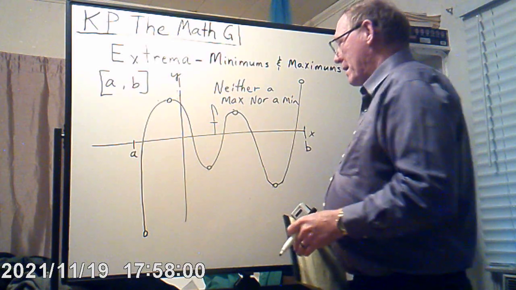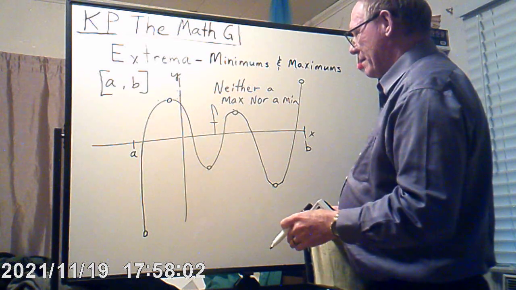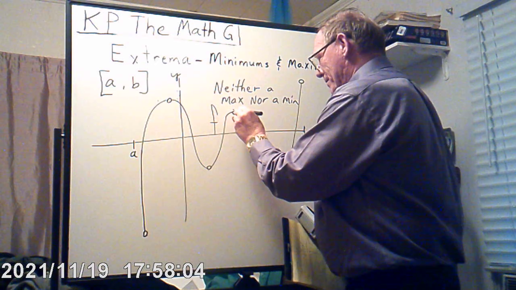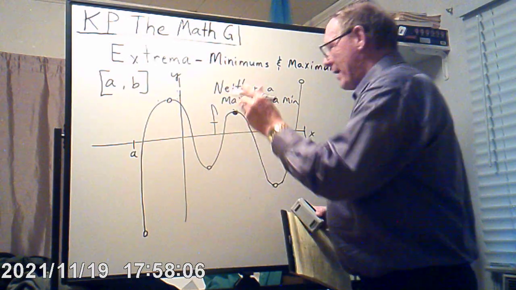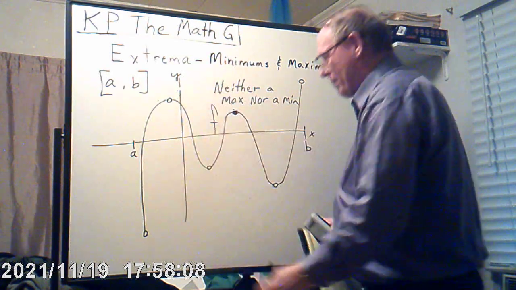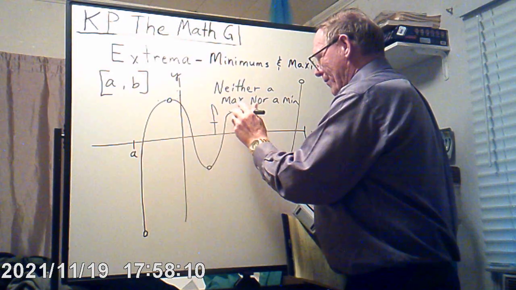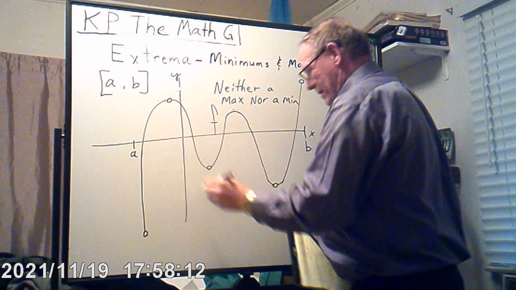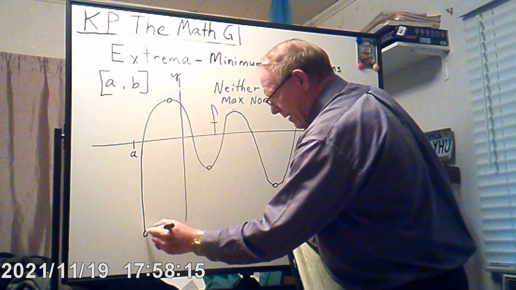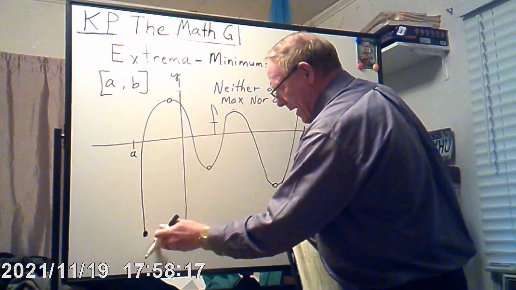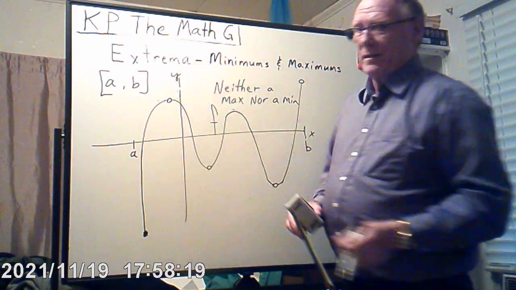I can give myself a max somewhere if I make this solid right here. Now I have a max, but I don't have a min. If I do this right down here, I have a min. Matter of fact, I have an absolute min, don't I?